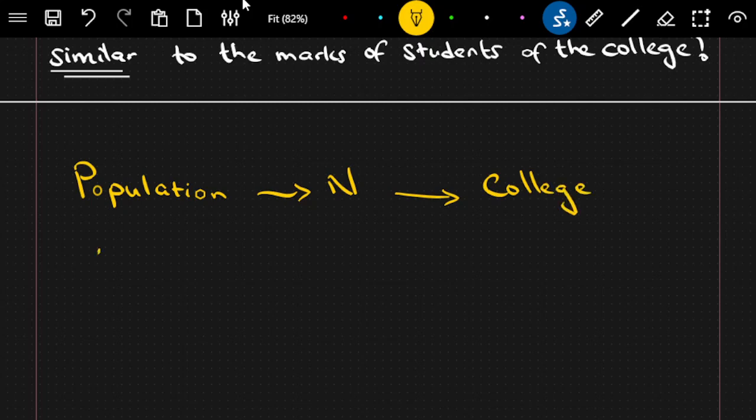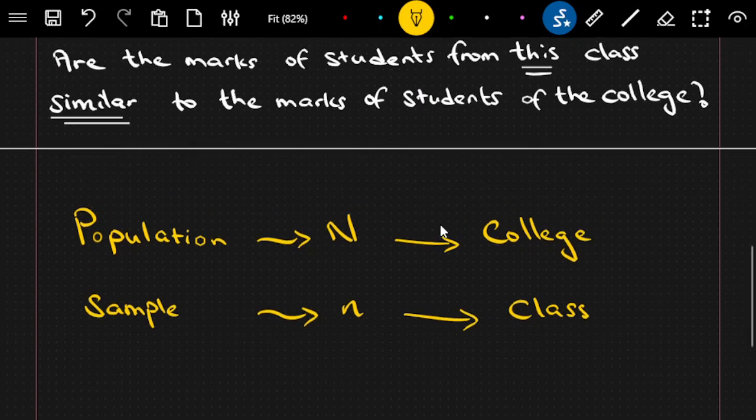And you have a sample, represented by the small letter n, which represents the class. We will get more into this when we cover topics such as sampling techniques. Then we'll talk more about this.